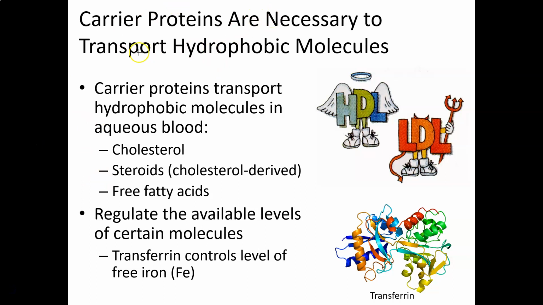And lastly, for us, in terms of proteins, we're going to look at carrier proteins. These are also in the blood. Any molecule that we have that would be considered to be hydrophobic, right, that would be a non-polar molecule. And non-polar molecules do not dissolve in water.